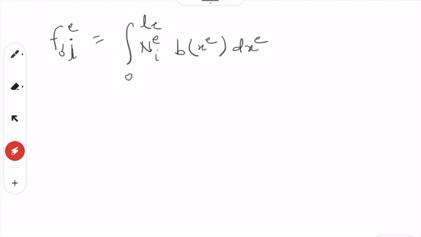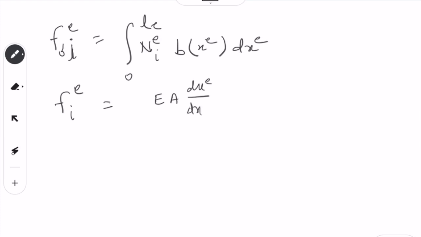So, 1, 2 you can find out based on this one, and F e i is simply E A d u e over dx e at x equal to this one.